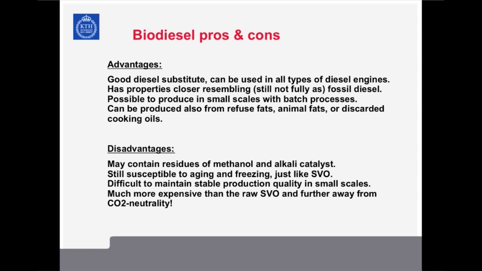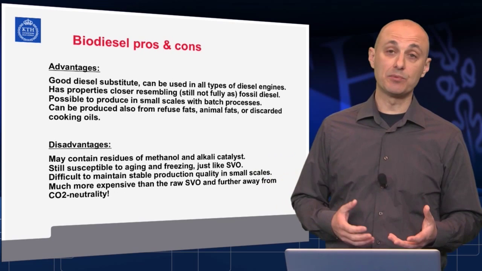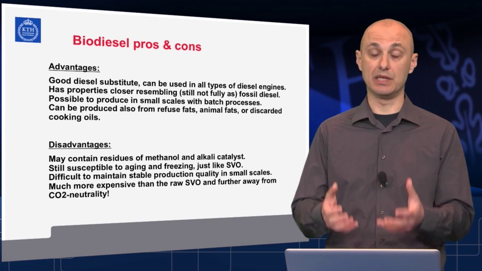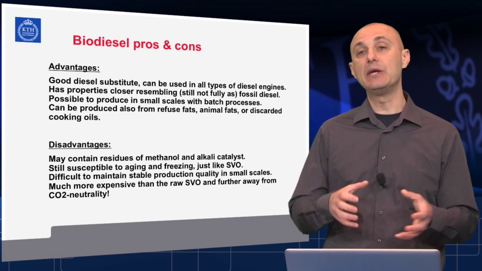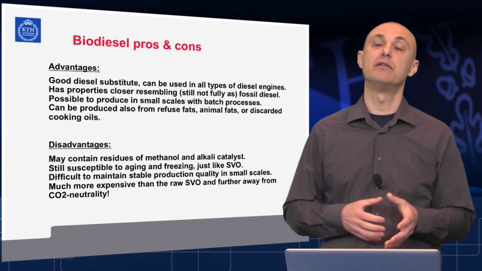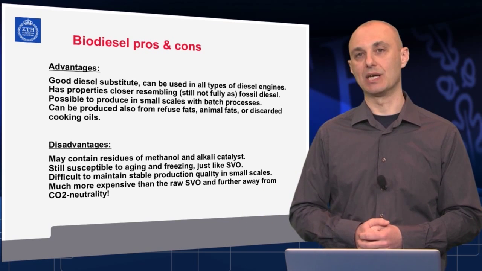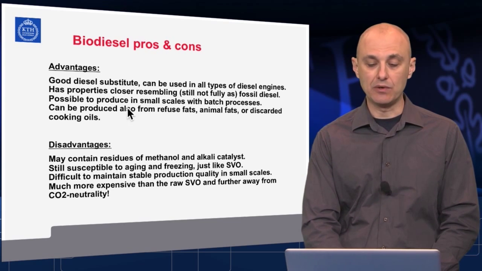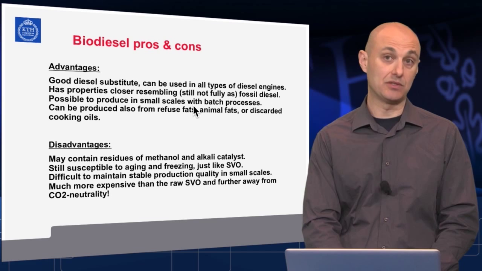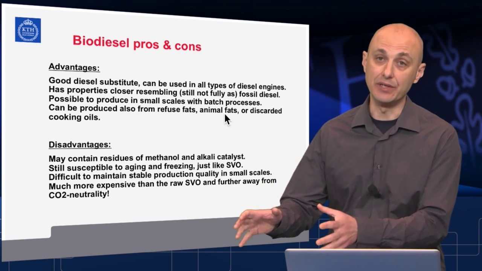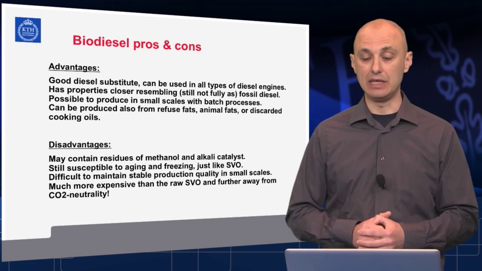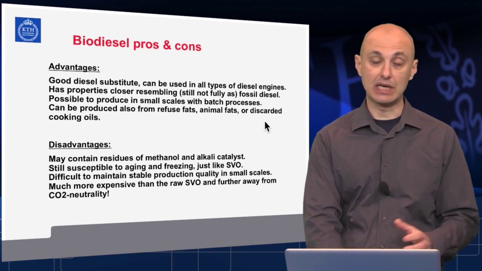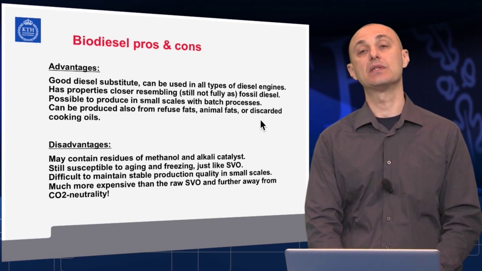The more process steps we have, the more additional products we use, and all the methanol comes from fossil fuel sources, actually the industrial methanol available, which brings our biofuel further away from CO2 neutrality. However, biodiesel can also be produced from fats that are not good enough to be directly used for any purpose. Either refuse fats, animal fats, discarded cooking oils, recycling oils, and so on.